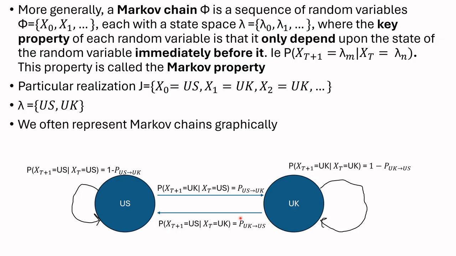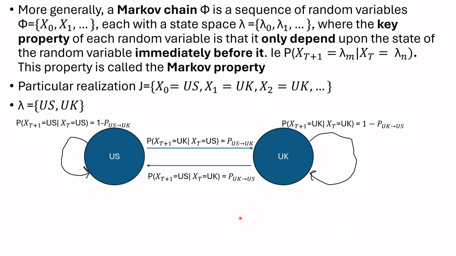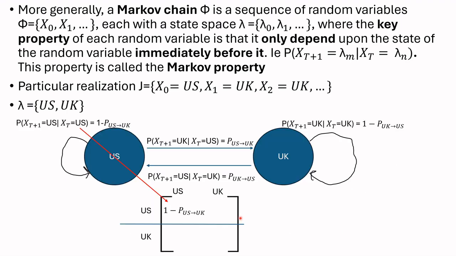But there's another representation of Markov chains which will be essential to us, and it's representing it in the form of a matrix. This matrix is going to, in a very clean way, represent all the possible transitions between states. In this upper corner, the way you read this, this would be the United States row. Given you're in the United States, this records the probability of staying in the United States. This one would be the probability of going from the United States to the UK.